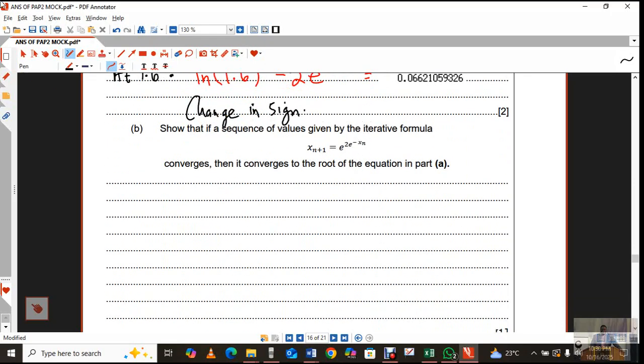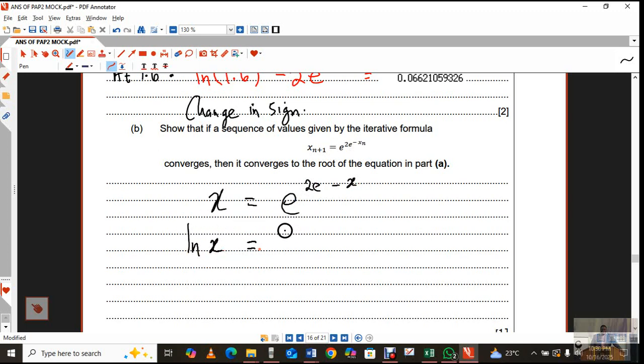The first thing is, where I have x sub n plus 1 and x sub n, I'm just going to replace them with x. So it's going to be x is equal to e raised to the 2e minus x. I'm going to take away those n's. Then we take the natural log of both sides because we have e here.